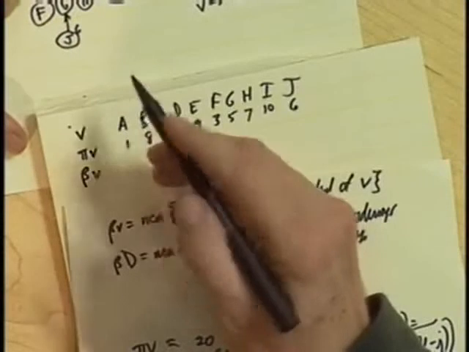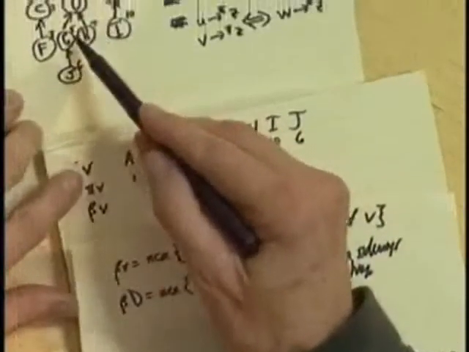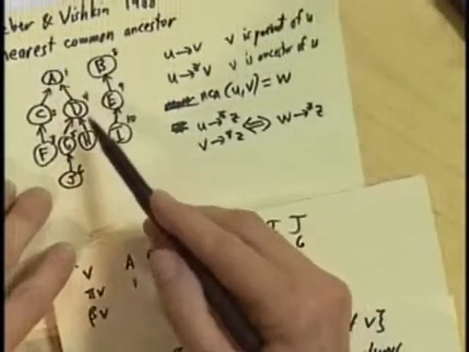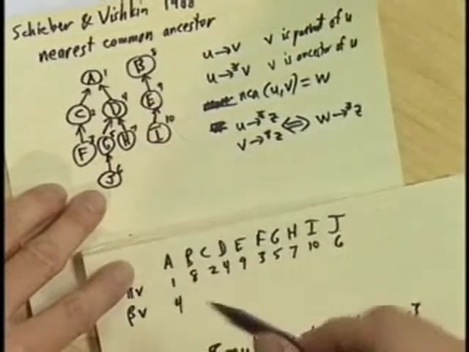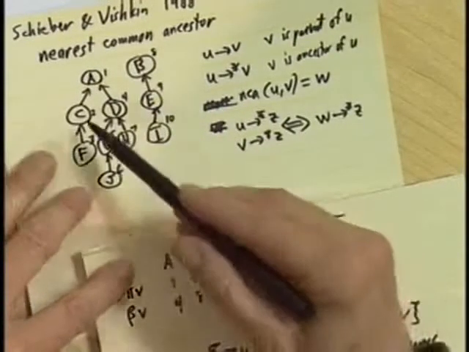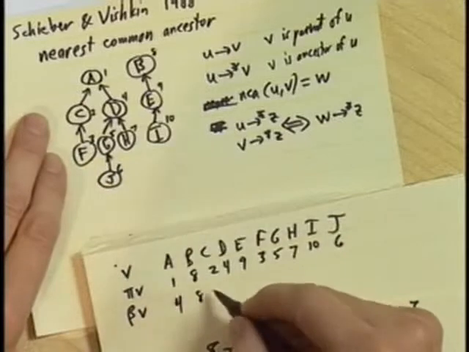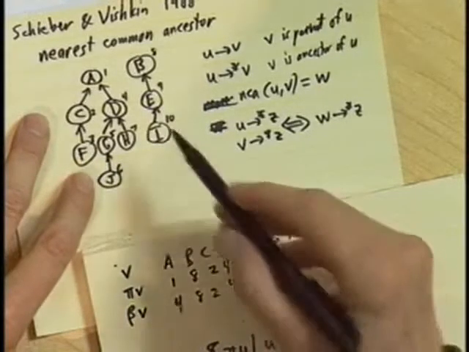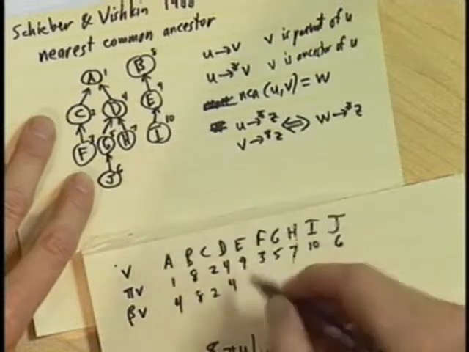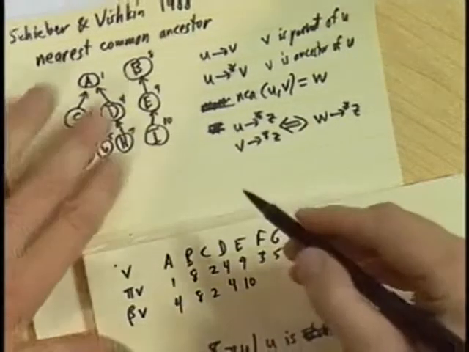A has descendants 1, 2, 3, 4, 5, 6, 7, and so the largest guy is going to be 4 there. For B, it's 8, 9, and 10. It's going to be 8. For C, it's 2 and 3, which is 2. For D, it's 4, 5, 6, and 7, which is 4. E is 9 and 10. It's going to be 10.